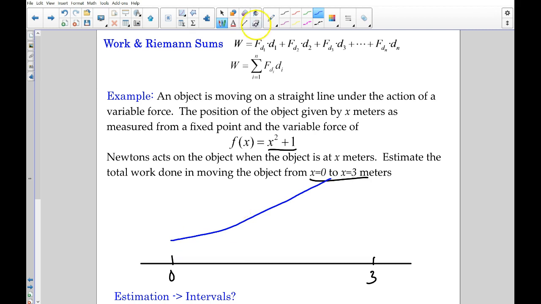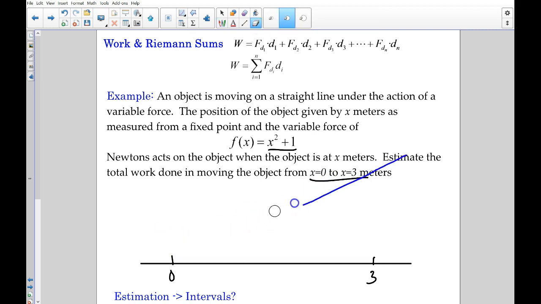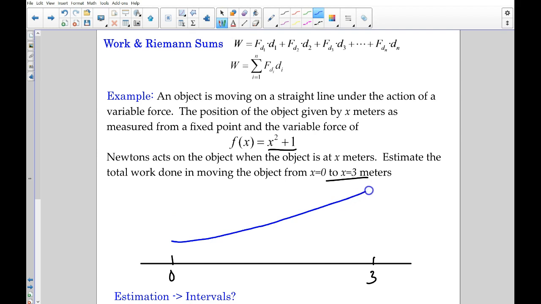Maybe I'll make it a little less drastic, just so it fits in the space that I have. So it's going to go up like this. So here's 1, and then here's the end point. So again, it's going to look something like this.